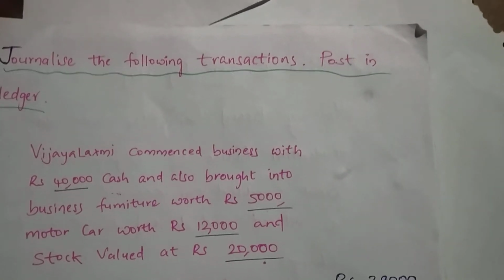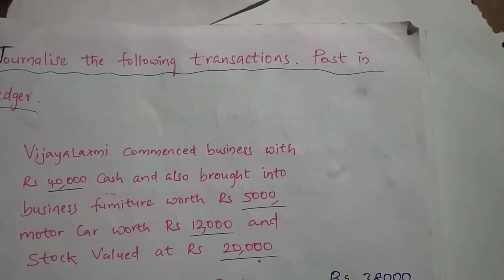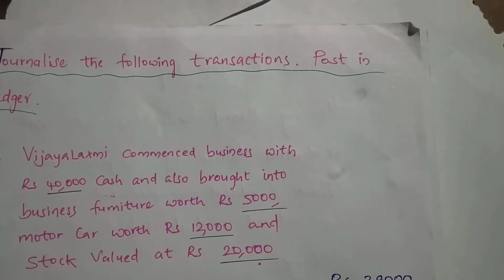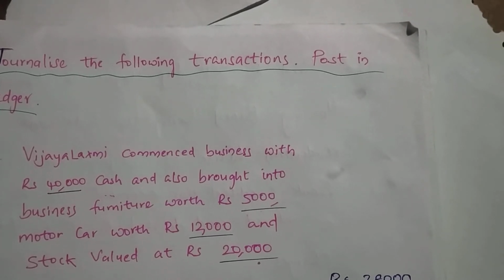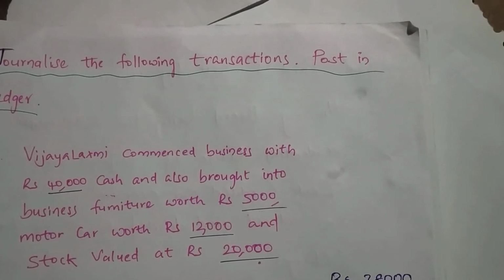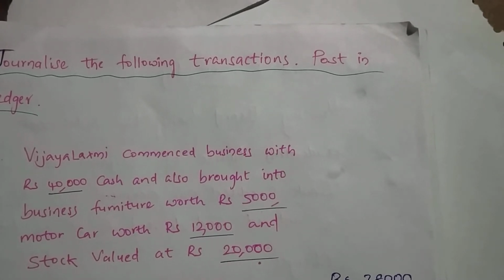Generally, whenever a proprietor commences a business, what is the journal entry? If we bring some amount as capital, the journal entry is cash account debit to capital account. Is it very clear? Since cash is coming in. Apart from cash, we are receiving some assets here like business furniture, motor car, and stock.